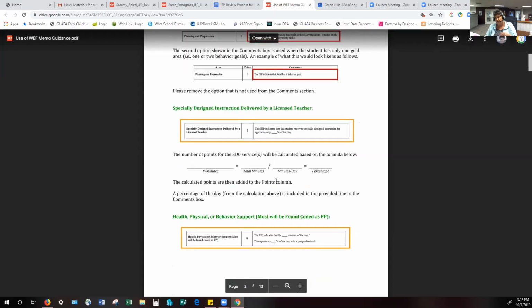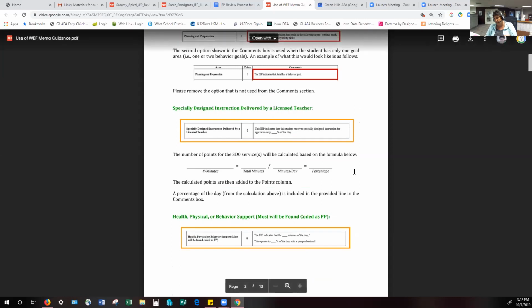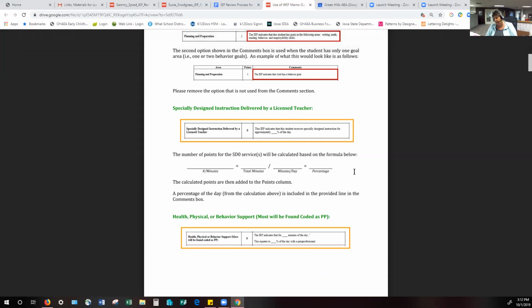As you go down, with specially designed instruction, you will also see that I included a formula to assist you in computing the percentage. For specially designed instruction, what's included in the percentage is what would equal the points that go in the points column. You will want to include that percentage in the description.